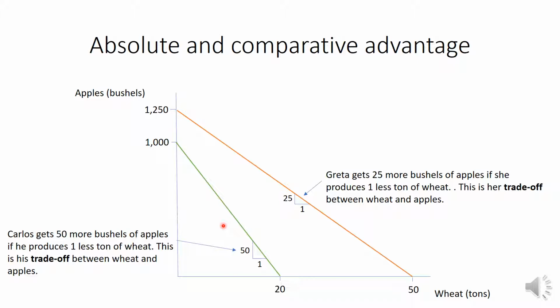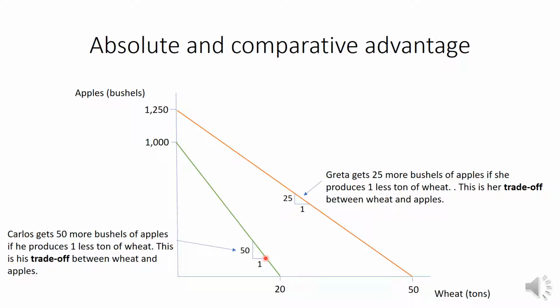This means that Carlos and Greta face different trade-offs between the amount of apples and the amount of wheat that they can each produce. For example, Carlos's line has a slope whereby if he increases the amount of wheat that he produces by 1 ton, he's going to have to produce 50 bushels less of apples.